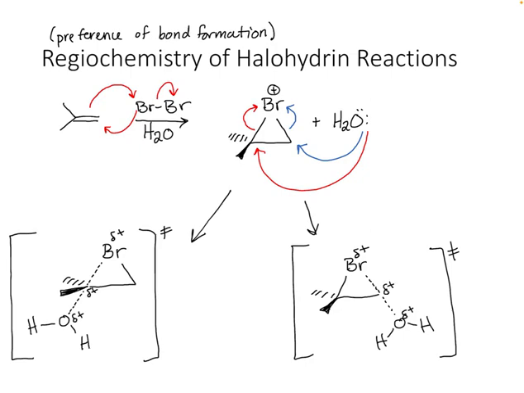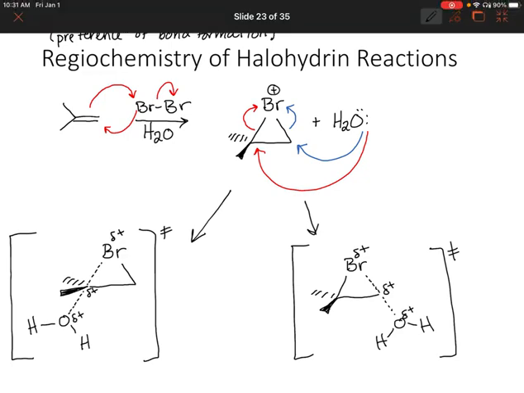So if that carbon has a partial positive charge, which situation is more stable? Which carbon would prefer to be positively charged? The carbon on the left, right? So let me just highlight that carbon.